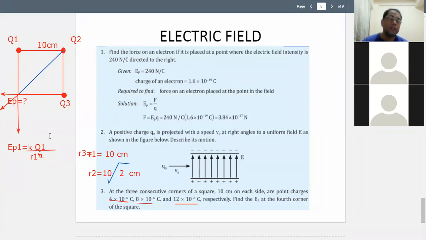So if you replace that with our values of q1, q2 and q sub 3, then you can find your value. Now, can you calculate for me e sub p 1, 2, and 3, based on these lengths and the magnitude of our charges? So can somebody give me the value of e sub p number 1?